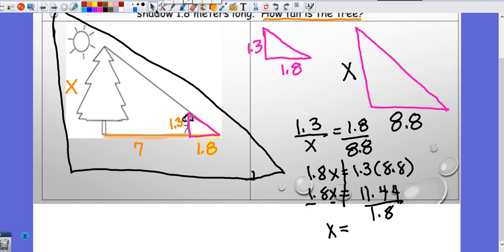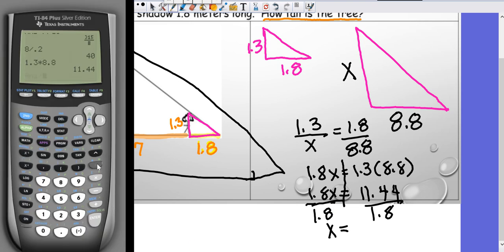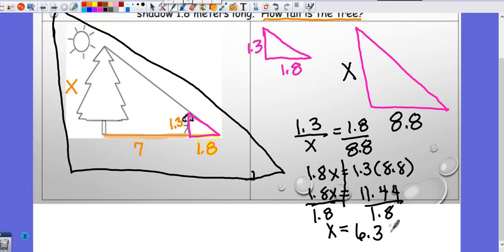So we get x equals 11.44 over 1.8. I'm just writing this over, y'all. Okay. So I'm going to grab the calculator. 11.44 divided by 1.8 gives us 6.35. And then we can round to the nearest hundredth, 6.36.